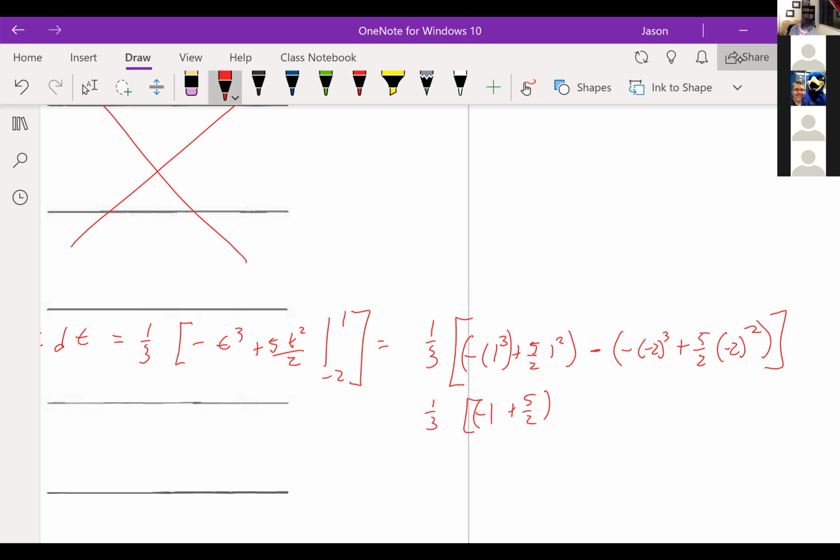Minus, this is going to be negative 2 cubed, which is negative 8. Take the negative of that. A lot of negatives here. That's going to be positive 8. This is going to be 5/2 times negative 2 squared. Negative 2 times negative 2 is 4. 4 divided by 2 is 2. 2 times 5 is 10. So that's 10.